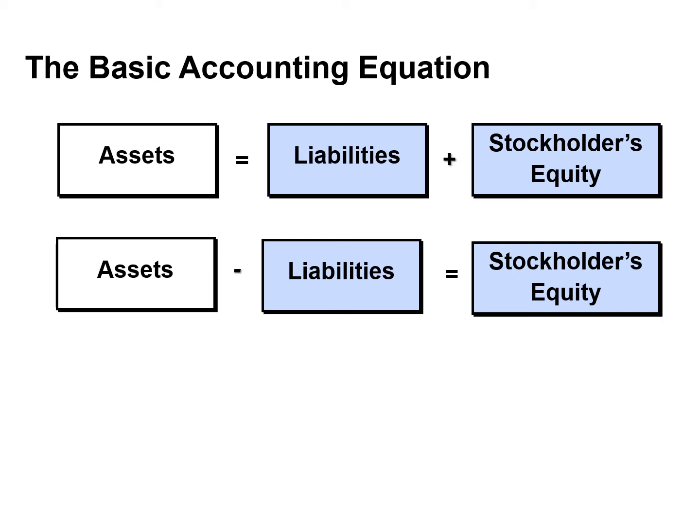To find out what belongs to stockholders, we subtract creditor claims, the liabilities, from the assets. The remainder is the stockholder's claim on the assets. It is often referred to as residual equity, or the equity left over after creditor claims are satisfied. You will solve for stockholders' equity by subtracting liabilities from assets on one of your homework problems.